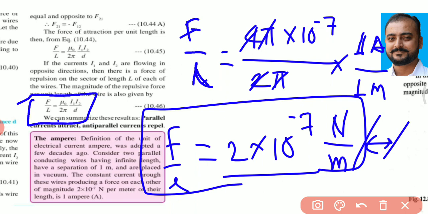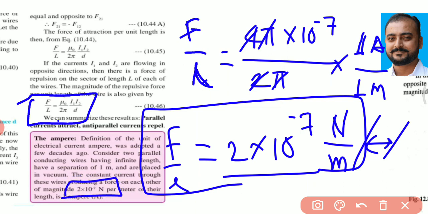This is the force of attraction or repulsion per unit length on a conductor. So how can we define the ampere? Everyone got the value 2 into 10 to the power minus 7.